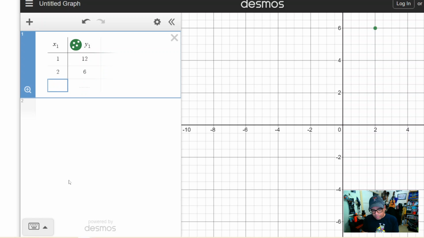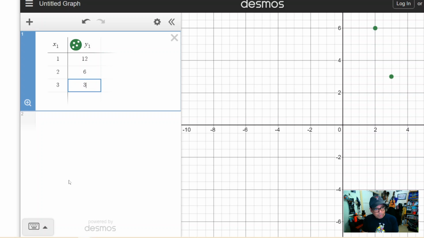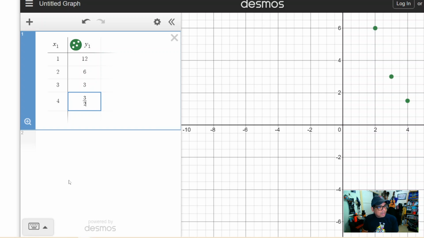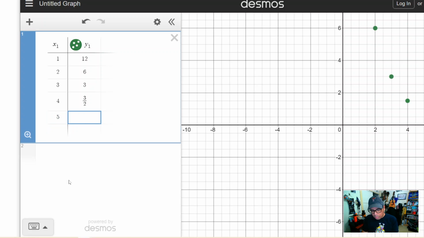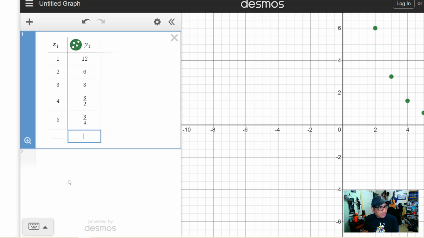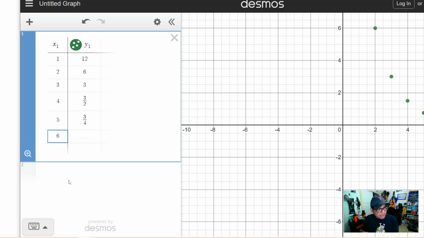The next number for the third term, that was 3. The next number for the fourth term, that was 3/2. And then the next, for the fifth term, we had 3/4. And then for the last term, the sixth term, we had 3/8.